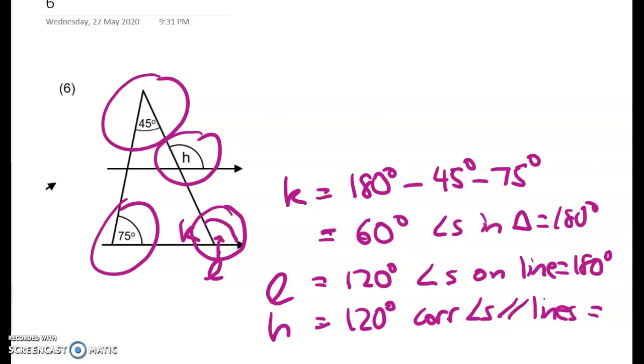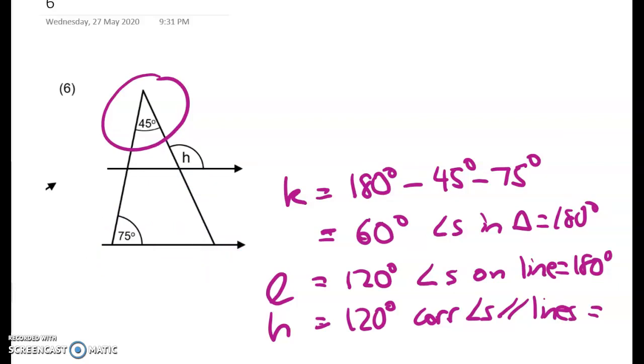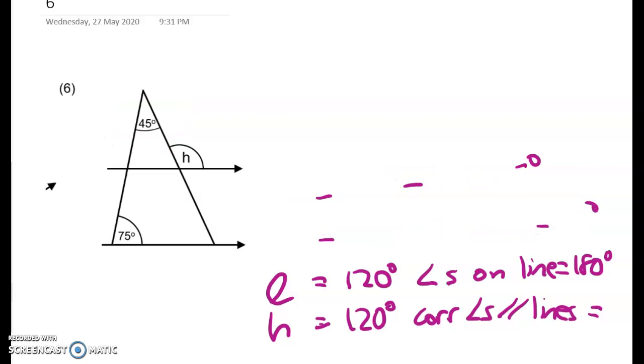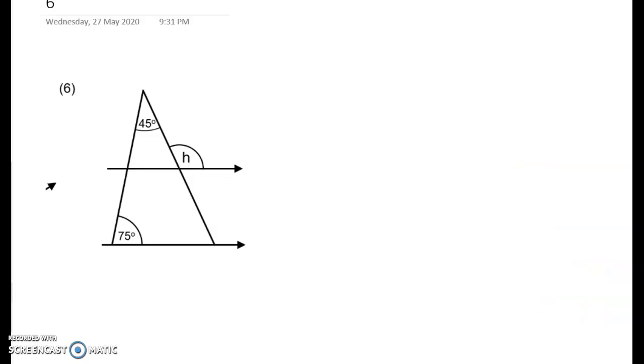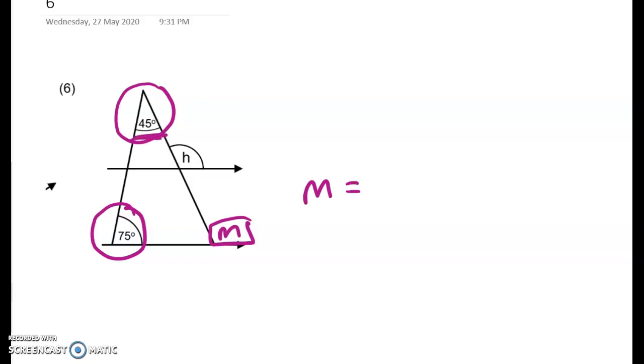But let's look and see if we can see a smarter way to do this. There's a way with a little bit less work. So it doesn't matter if you do lots of reasons as long as one follows from the other. But in this one here, we've got this angle and we've got this angle. So we can go directly to this angle here, let's call it M, because M is equal to the sum of these two.